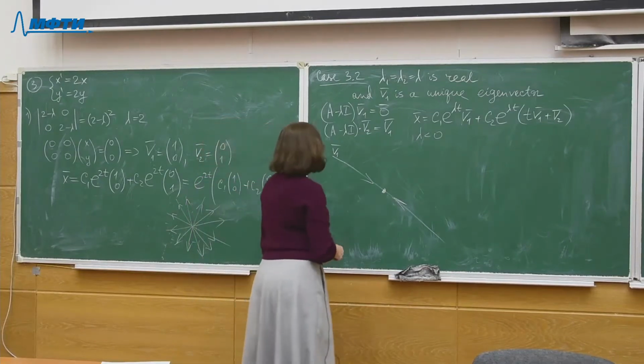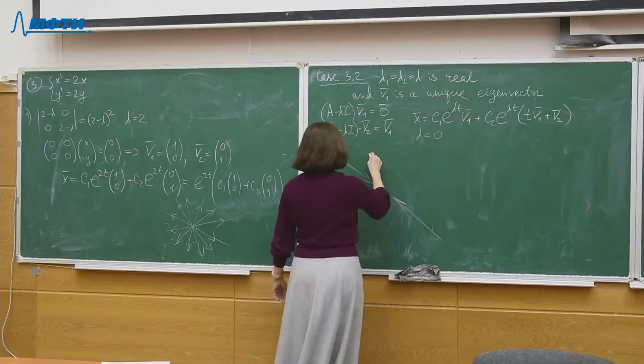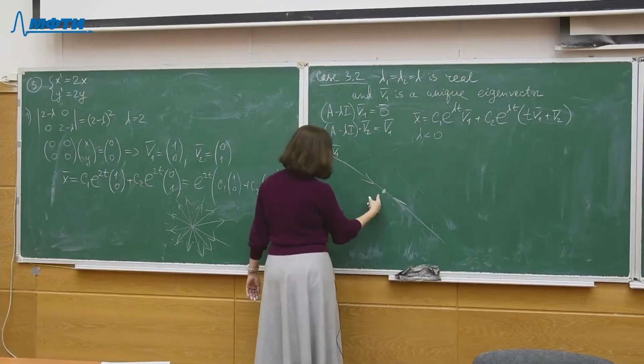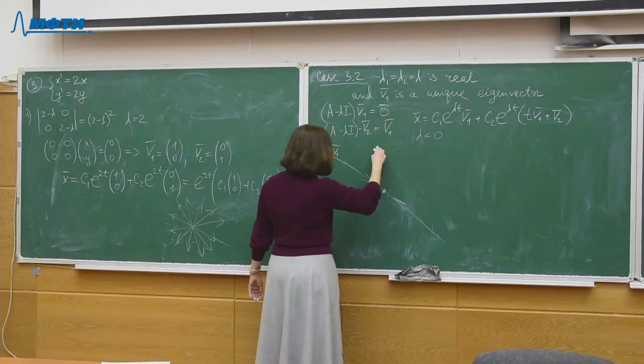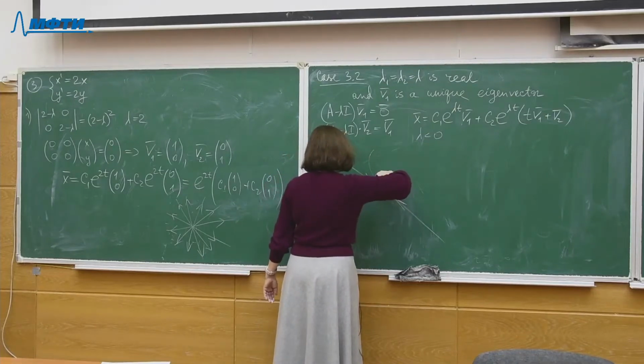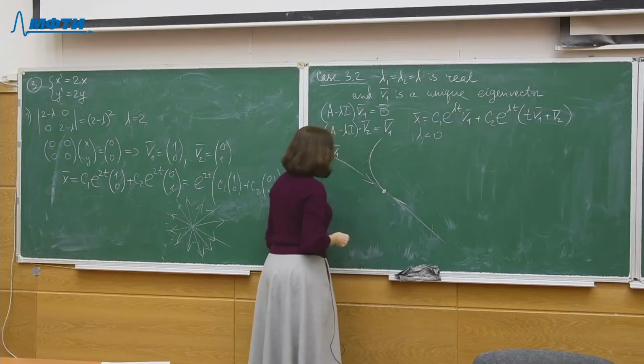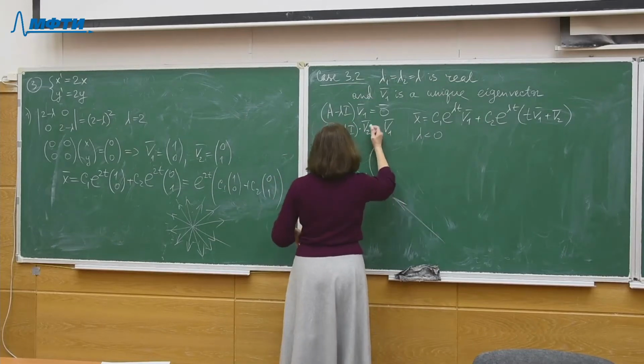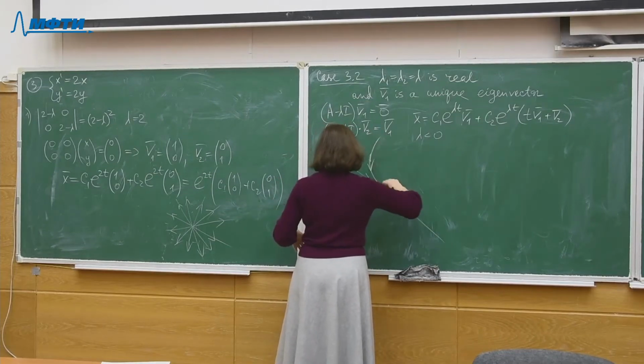And if we start from a point outside of this line, then all the other trajectories will be tangent.